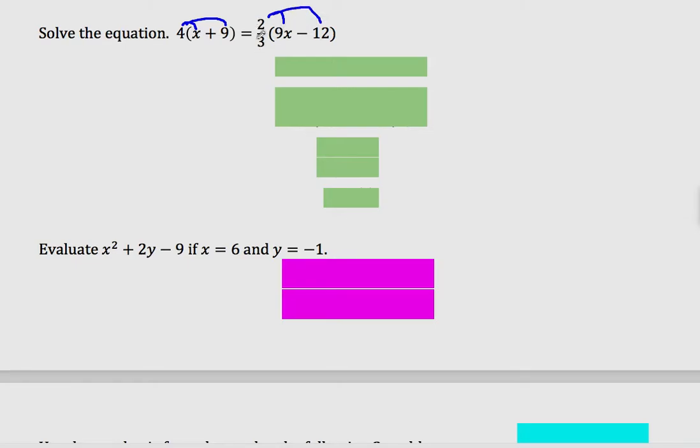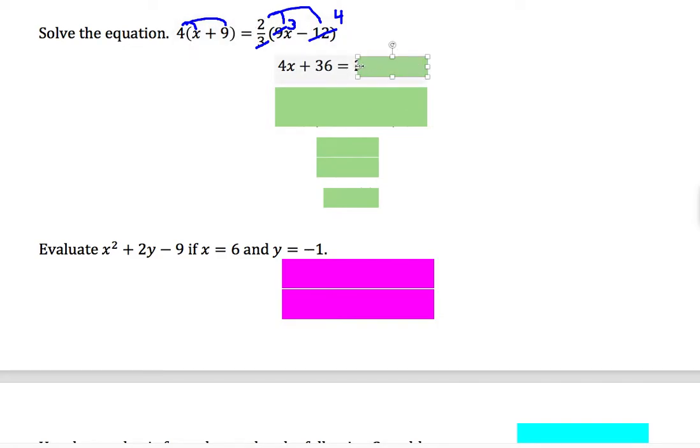One thing nice here is we don't have to worry about the fraction, because this 3 is going to reduce that 9 to a 3, and reduce the 12 to a 4, because 9 divided by 3 is 3, and 12 divided by 3 is 4. So 4 times x is 4x, 4 times 9 is plus 36, equal sign.